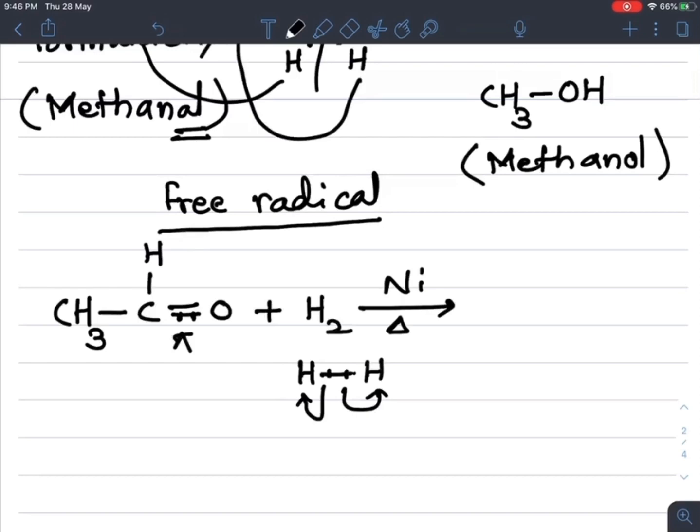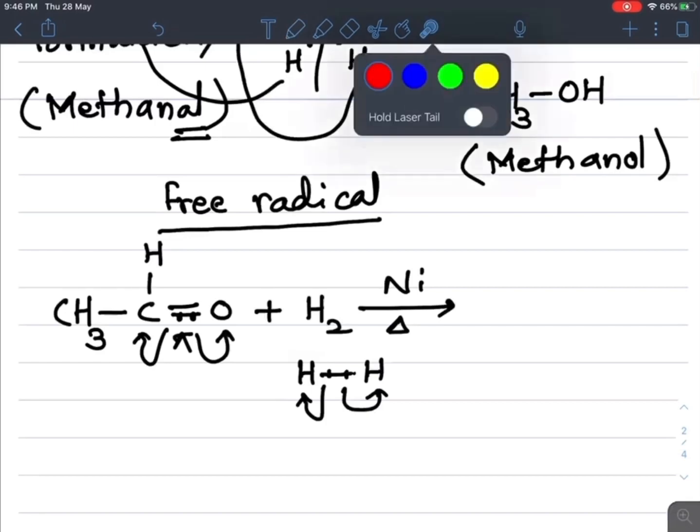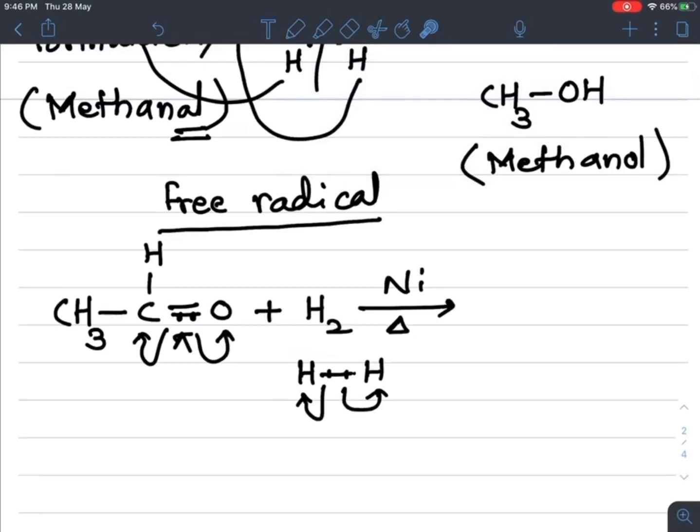One unpaired electron of carbon is shared with one unpaired electron of hydrogen, forming one bond, and another bond forms between one unpaired electron of oxygen and one unpaired electron of hydrogen, and we get the corresponding primary alcohol, the two carbon primary alcohol.